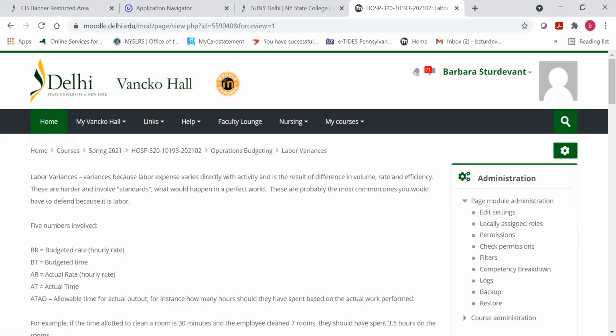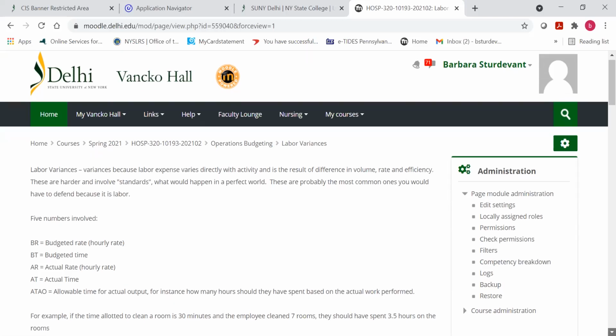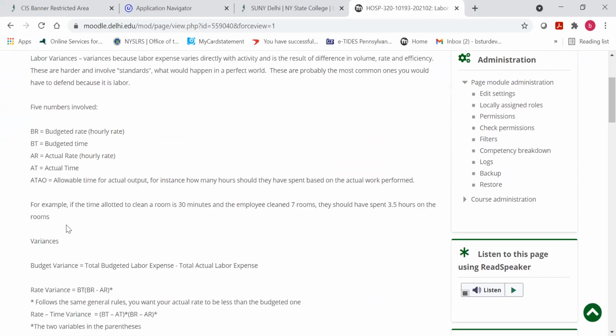So for example, I think I even have a little example down here. If you are allotted 30 minutes to clean a room, and let's say the employee cleaned 7 rooms, then they should spend 3.5 hours on those rooms, because that's your standard. If they cleaned 7 rooms, but they spent 4 hours in total on those rooms, then they're not adhering to the standard, and it's going to come up with a negative number.